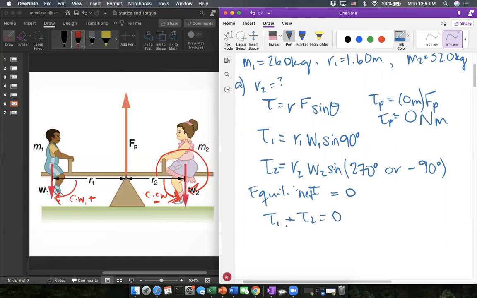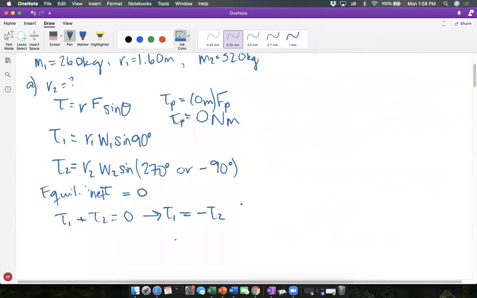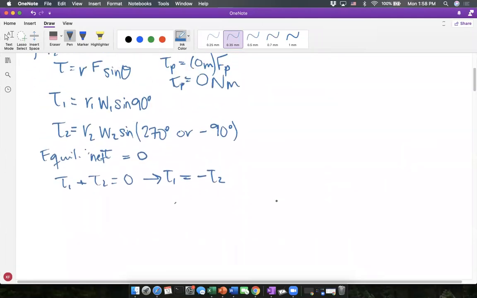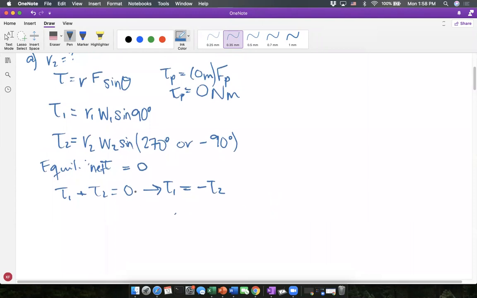That tells me tau 1 should equal minus tau 2. Using that information, we can solve this now.